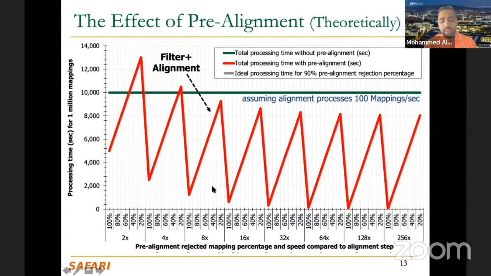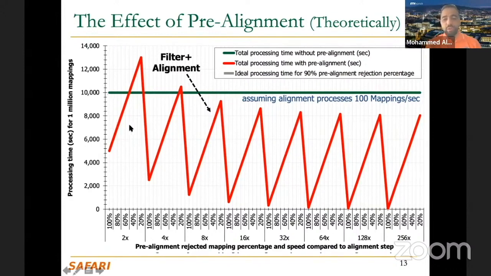Likewise, you can think about it exactly the same for other data sets or other conditions. For example, here we reject 100% of the pairs and the filter is 16 times faster, then the execution time will drop from the 10,000 seconds all the way to maybe, I don't know, around 500 seconds, and that will be the execution time. So the speedup we expect from integrating pre-alignment filtering with alignment really depends on the data itself and how fast the filter is.